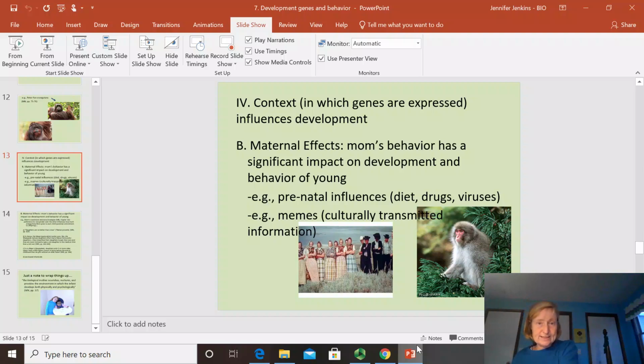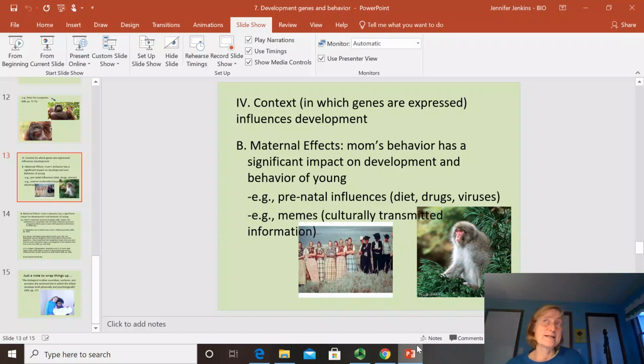Okay, and then there are other things like memes. Memes are essentially culturally transmitted information, right? We use memes now in a little bit different way when we think about funny videos or pictures that are rapidly spread through the internet.